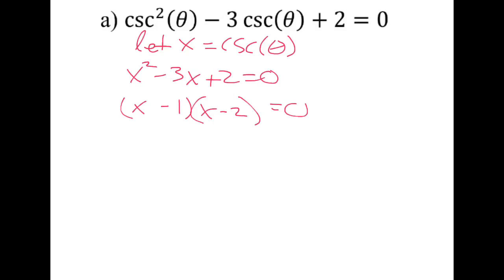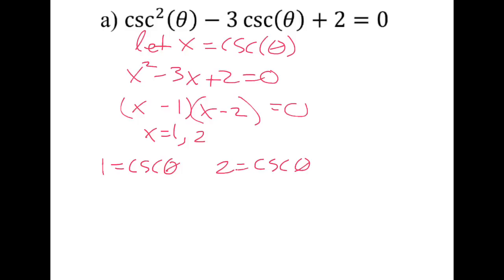So we get two solutions, x equals 1 and x equals 2, but those are solutions in terms of x, and we need solutions in terms of theta. But if x equals cosecant of theta, then it's like we're saying 1 equals cosecant of theta, and also 2 equals cosecant of theta.